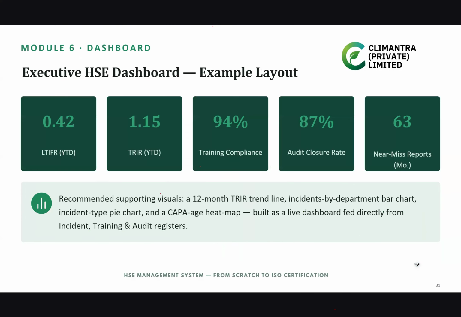So being an HSE professional, you have to know what are leading and lagging indicators and what are KPIs. In order to make a KPI dashboard, we have discussed that we have two types of indicators, one leading and one lagging. You have to include both these indicators in your KPI dashboard. LTIFR, lost time injury frequency rate.